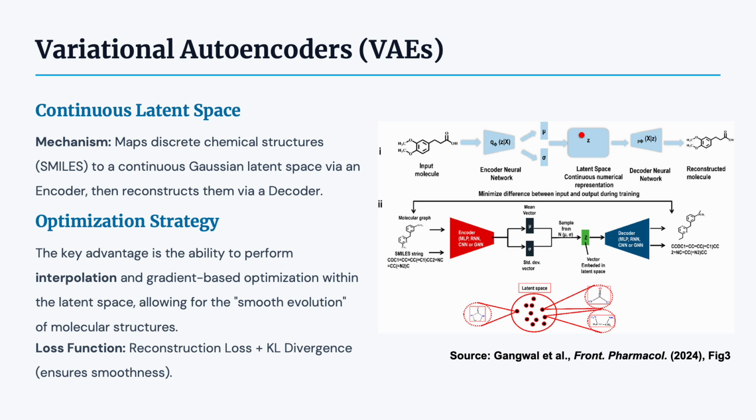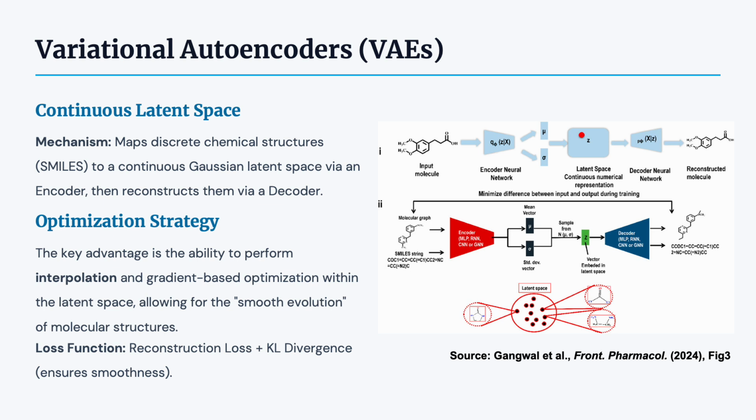Let's look at the first major architecture, the variational autoencoder, or VAE. As shown in Figure 3, variational autoencoders work by compressing discrete molecular structures into a continuous latent space. Think of this latent space as a map of chemistry.